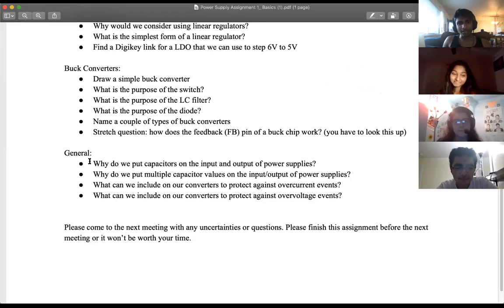Why do we put capacitors on the input and output of power supplies? What do they do? Izzy. They filter the signal. Okay, what happens when we have changes in our input or output voltage? How do the capacitors work?